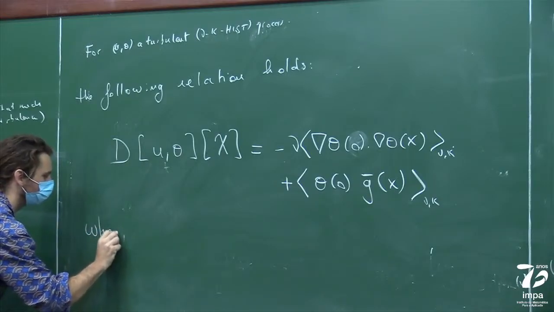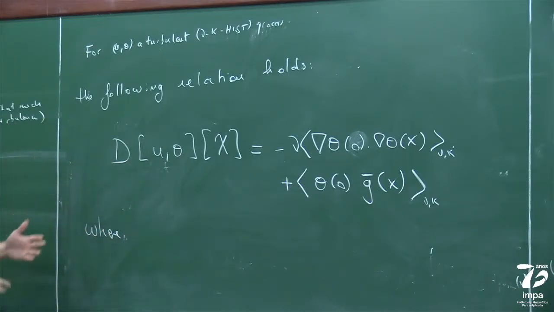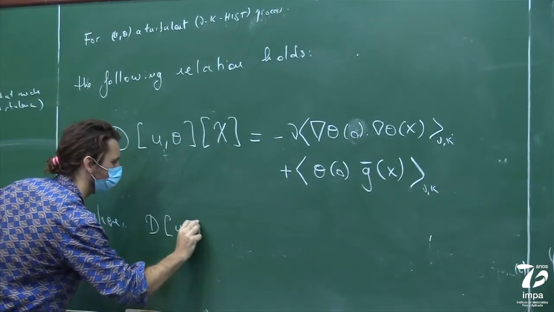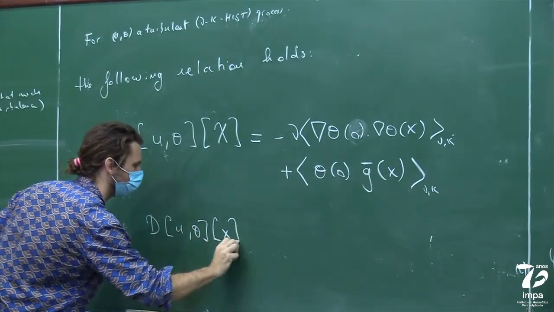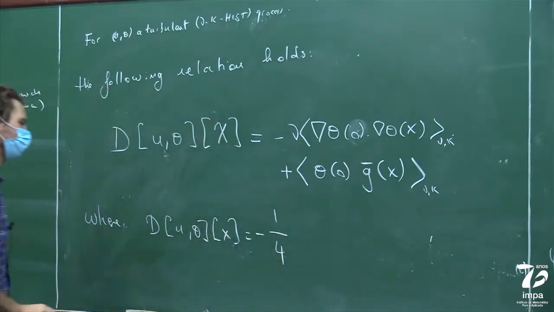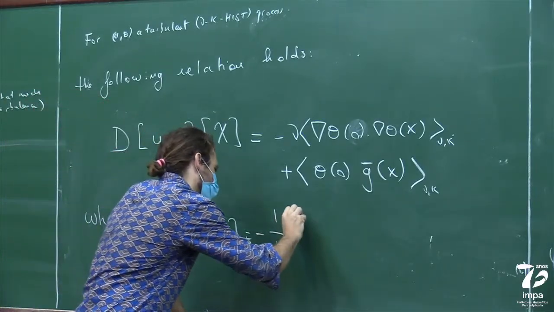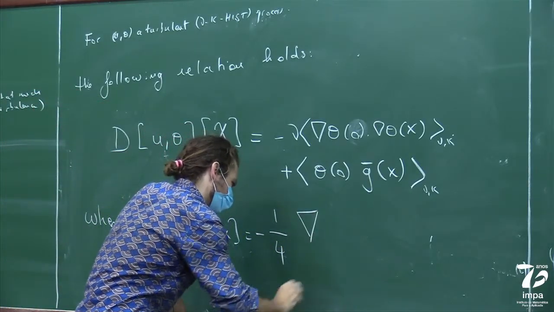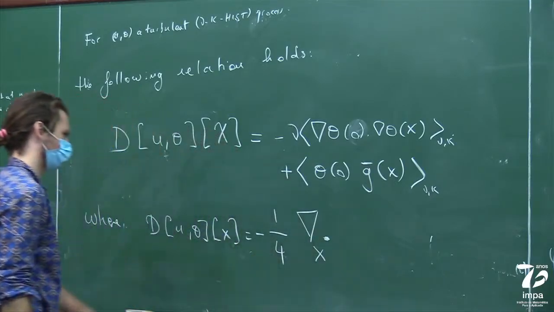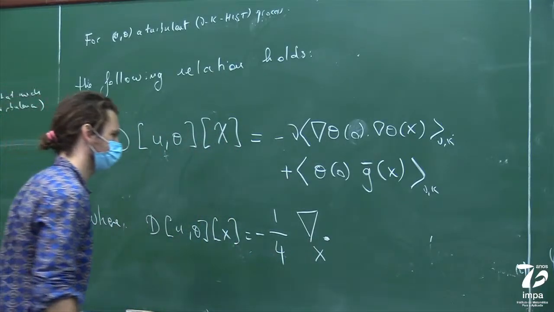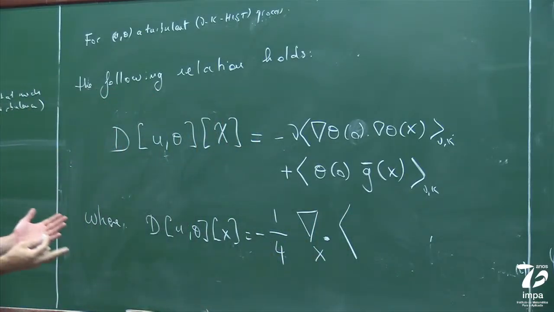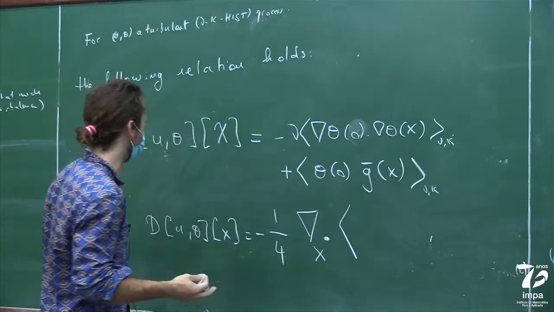where this guy is something that is well known, can be computed as D U theta of X. It's minus 1/4 of the gradient with respect to X, the divergence with respect to X, of a certain correlation between the scalar and the velocity field.